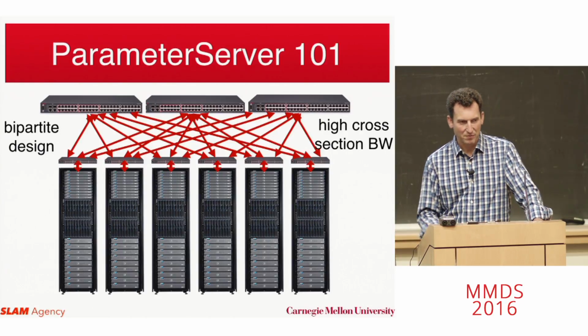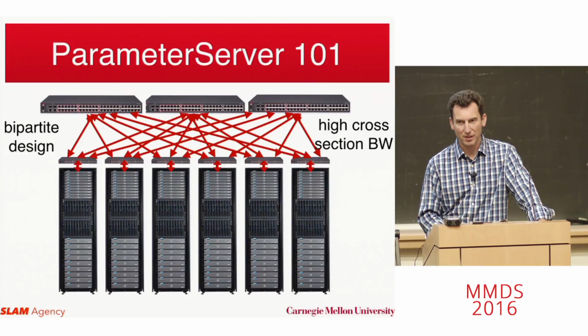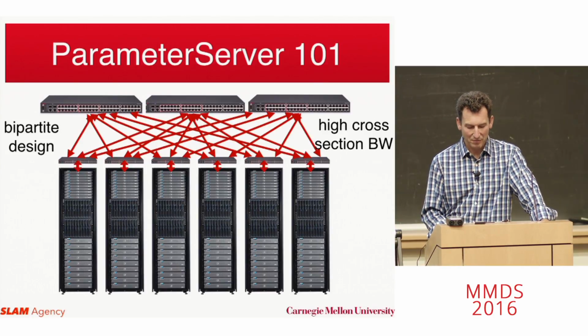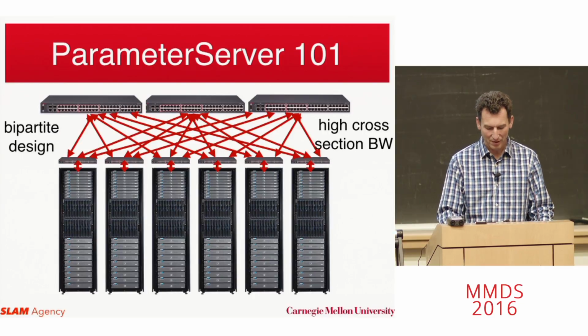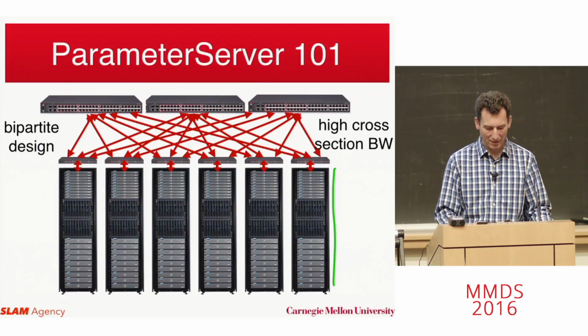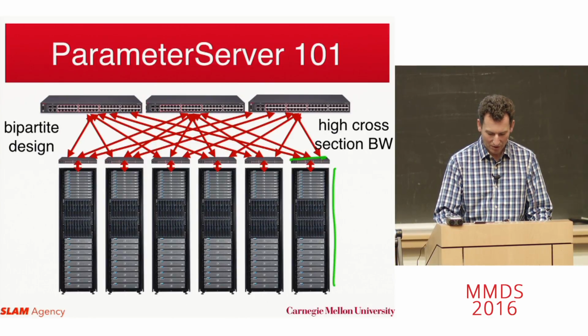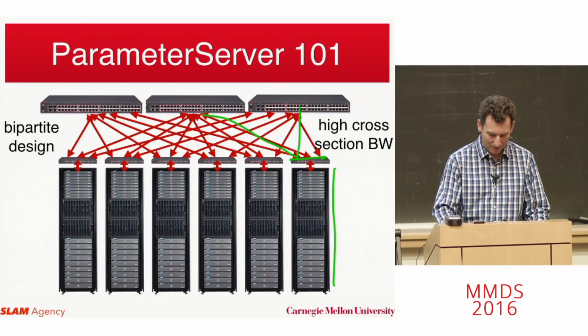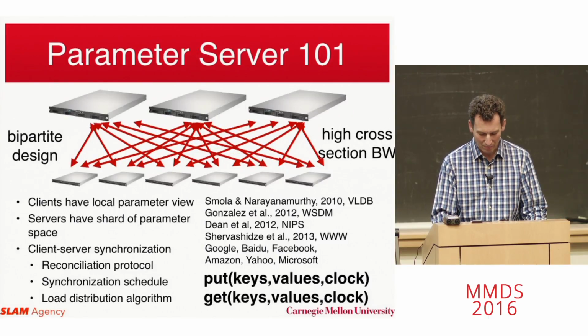So just a bit of background about how you would actually exchange things on a parameter server. It pretty much works just like your network, except that now the switches are replaced with computers. When you design a network nowadays, you basically have a rack, you have a top of the rack switch, and that then connects with a number of different switches on the top in order to get good cross-sectional bandwidth.